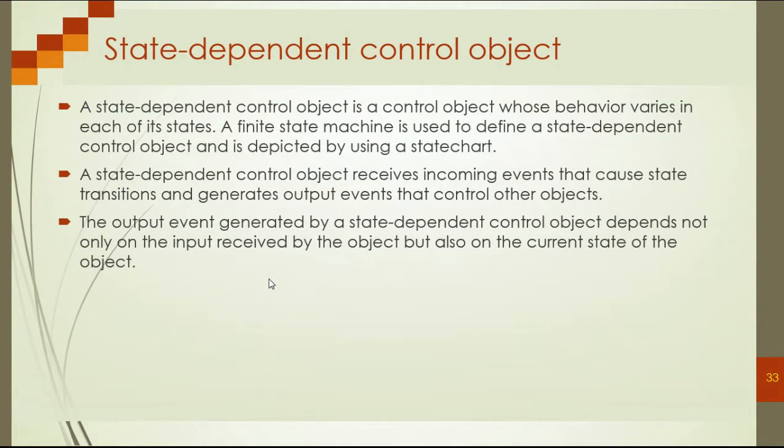Another type of control object is state dependent control. In state dependent control, the main difference from the coordinator is this: the coordinator is based on the request, based on some input, while here it is based on the state, the situation of the system.